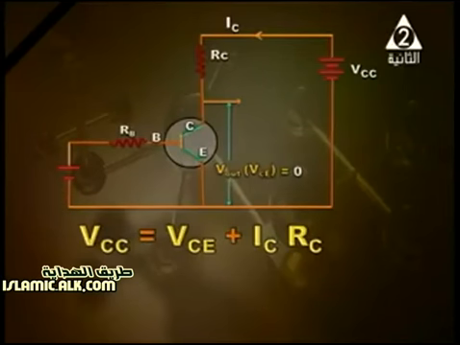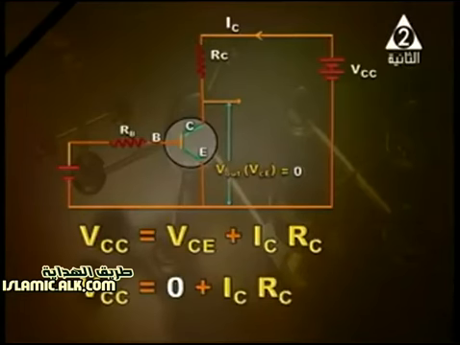And since the sum of VCE plus ICRC is equal to a constant, which is VCC, when ICRC increases, VCE decreases. So in this particular case, V out is equal to 0. VCC in this case is equal to ICRC.